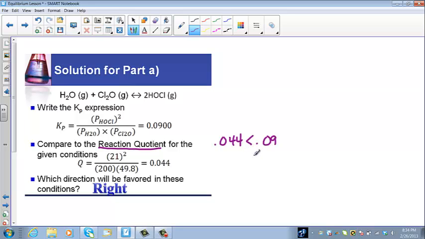So Q, this is my Q, is less than K. When Q is less than K, the ratio of the initial reactants is greater than the products, so it is going to shift right. When my Q is less than my K, that means the ratio of my reactants is greater than my products, so it's going to shift right to try to use up some of those reactants and reach equilibrium.